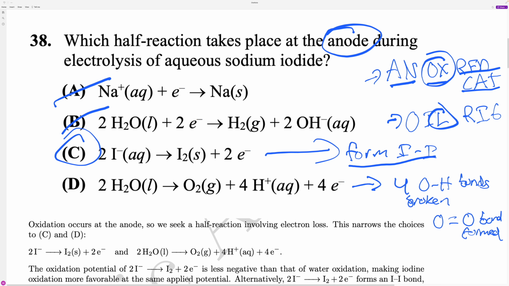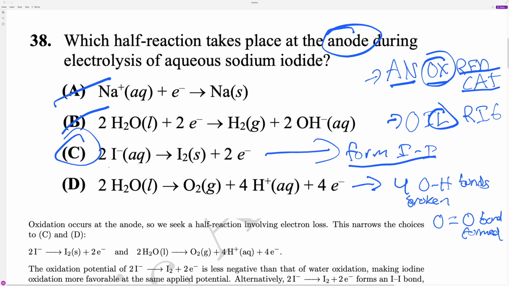And there's another rule that you can typically apply to these problems. Typically halides, or negatively charged halogens, will form uncharged halogens at the anode. Otherwise, oxygen gas is going to be formed. That applies to most cases.